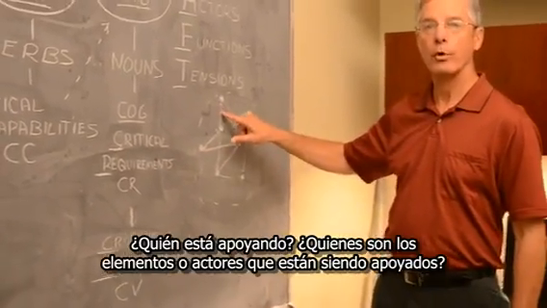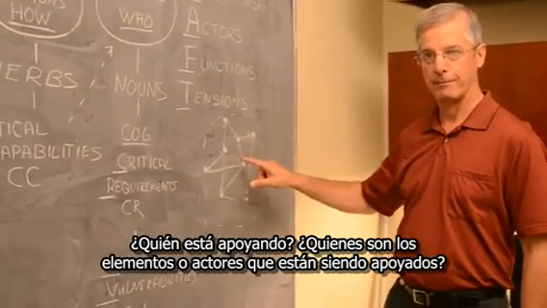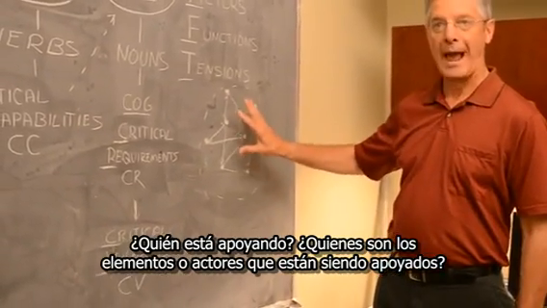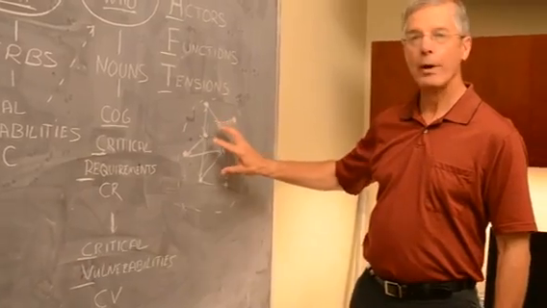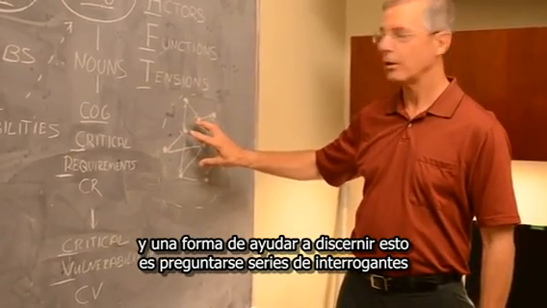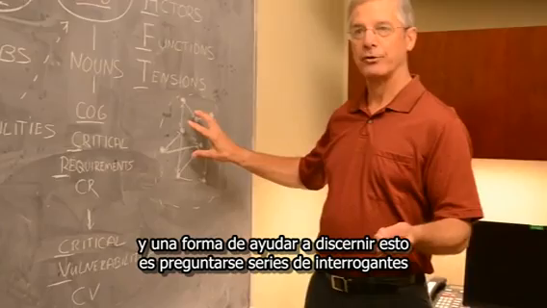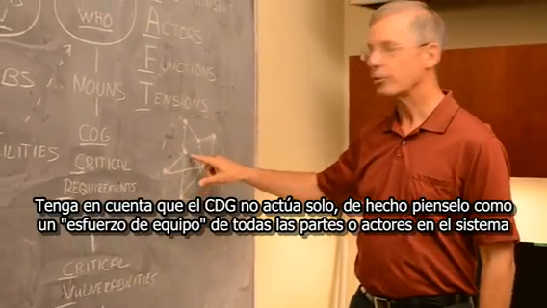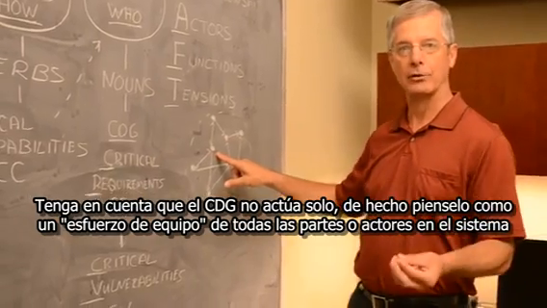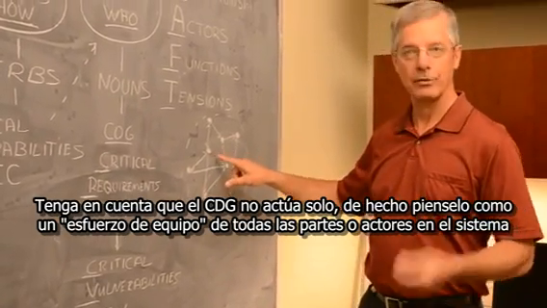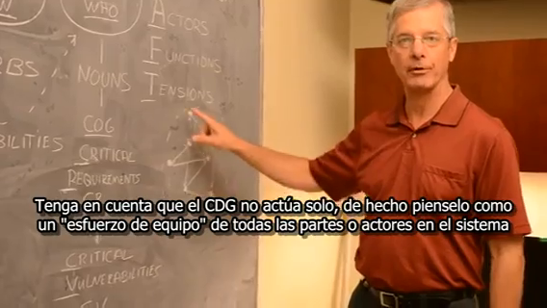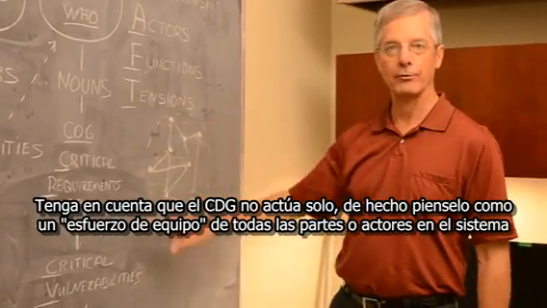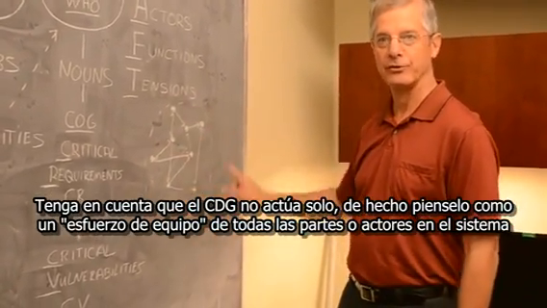Who are supporting or supported elements or actors? Now, one way to help discern this is by asking a series of questions. Because keep in mind, the center of gravity does not act alone. In fact, think of it as a team effort of all of the parts or actors in the system.